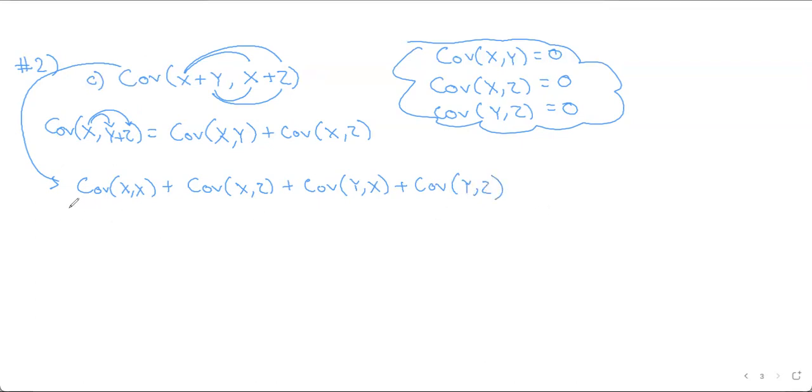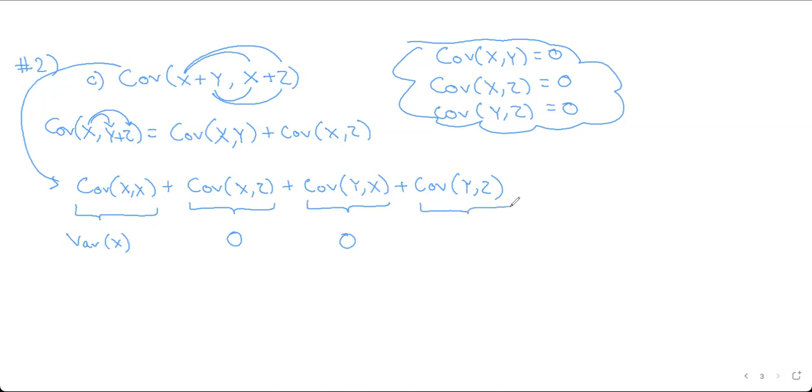Now, another property of covariance is that the covariance of xx, or the same variable, is simply the variance of that variable. So in this case, it's just the variance of x, okay? The covariance of xz we established was 0, right? The covariance of yx, which is also the same thing as the covariance of xy, is also 0, okay?